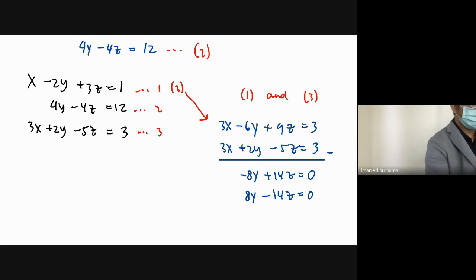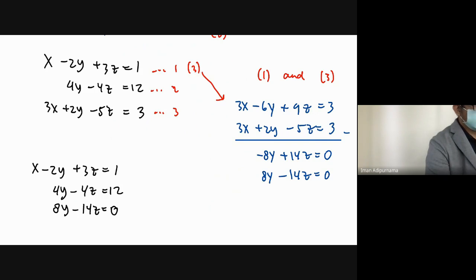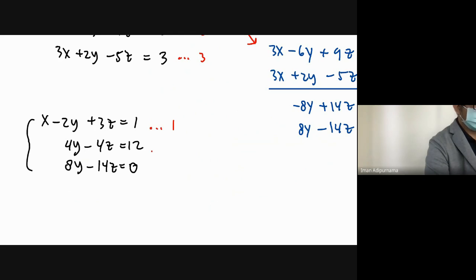Okay, so my new equations we have, and I will change this third equation with the new equation that we just found before. Okay. So we have this now 1, 2, and 3.